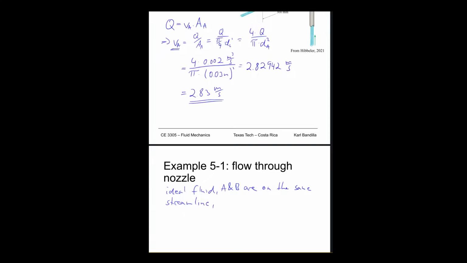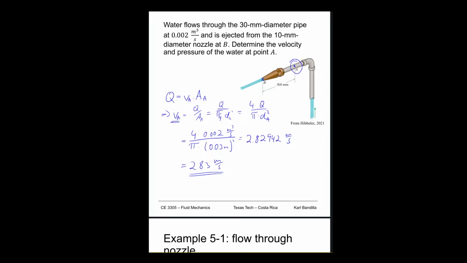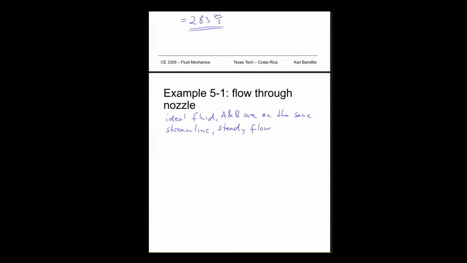And what else? We know it's steady flow. So based on all those, we know that we can use our standard Bernoulli's equation going from A to B. Okay, right. Let's write that out. So it'll be PA over gamma. It's all going to be water here, so I'm just going to leave the index off.